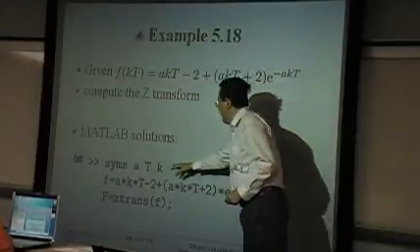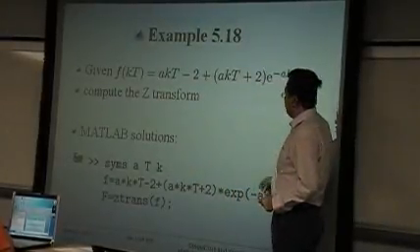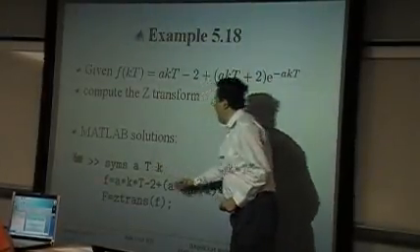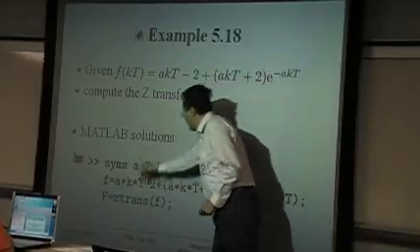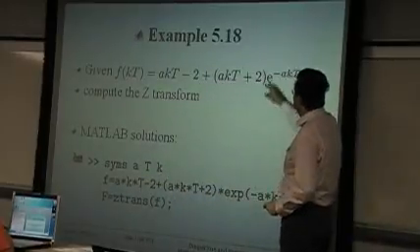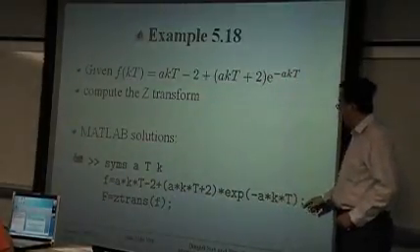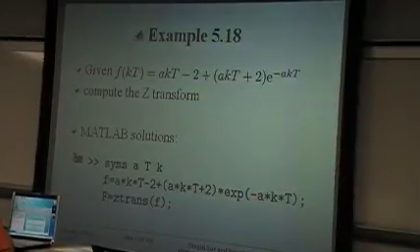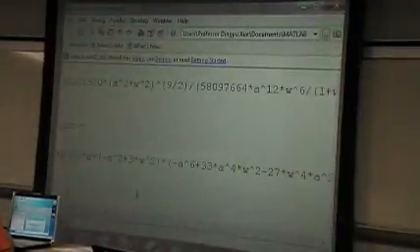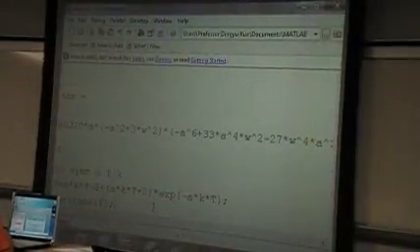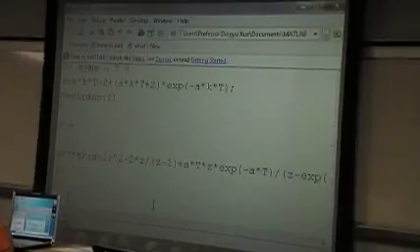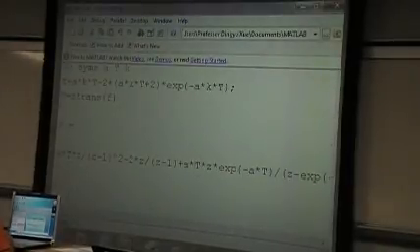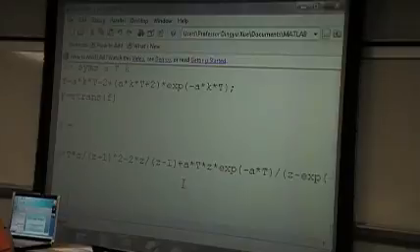First, declare the variables as symbolic variables, and then enter the original function directly using this command. Then call the ztrans function. And finally, you will get the result. By calling that function, you can easily find the Z transform of the given function.